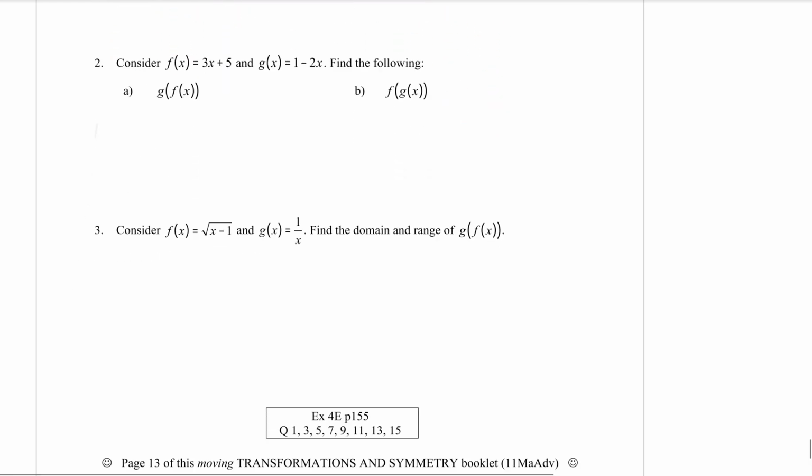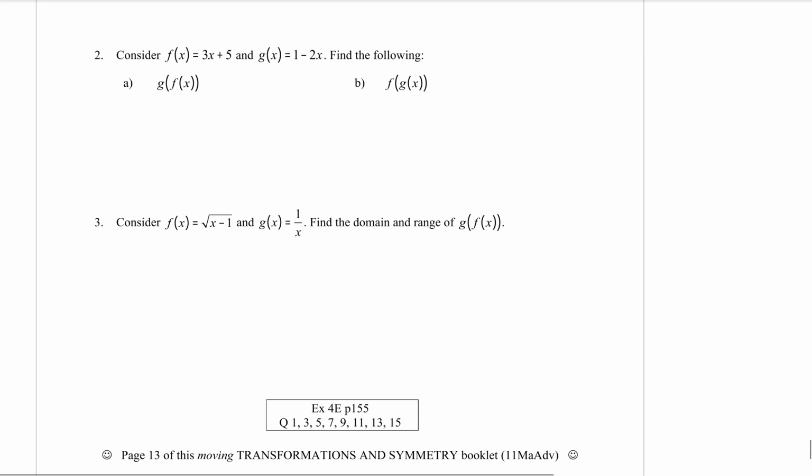Question 2. I have my two functions here at the top of the page, f of x and g of x. And the first thing I want to find is g of f of x. So I want to take the f of x, that's the inside function, and I want to put that into the g of x where the x is.